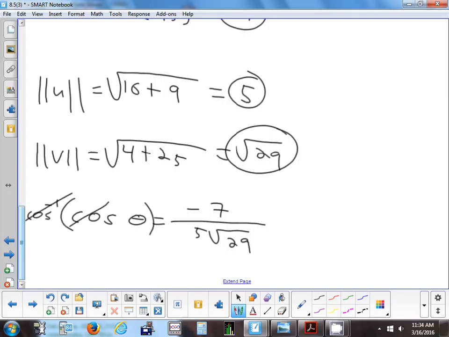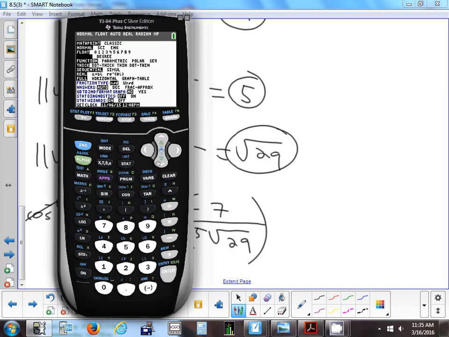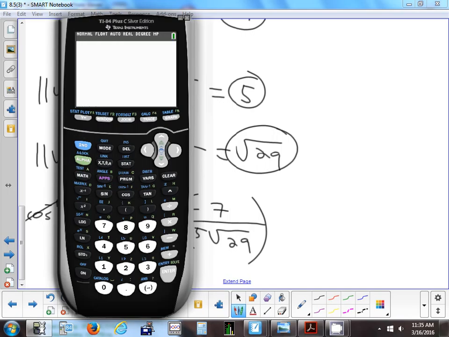Take the inverse cosine of what's on the left and what's on the right, and that's inverse cosine of negative 7 over 5 root 29. And for this, you can stick with degrees. So inverse cosine of negative 7 over 5 root 29.